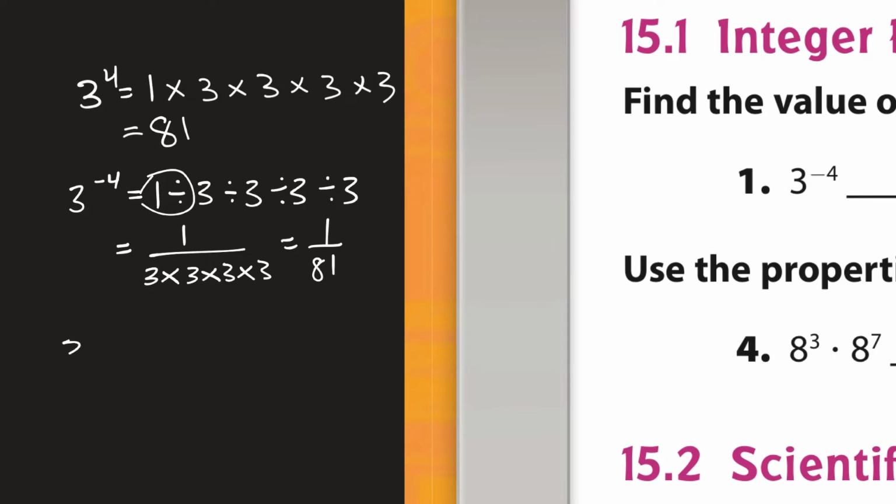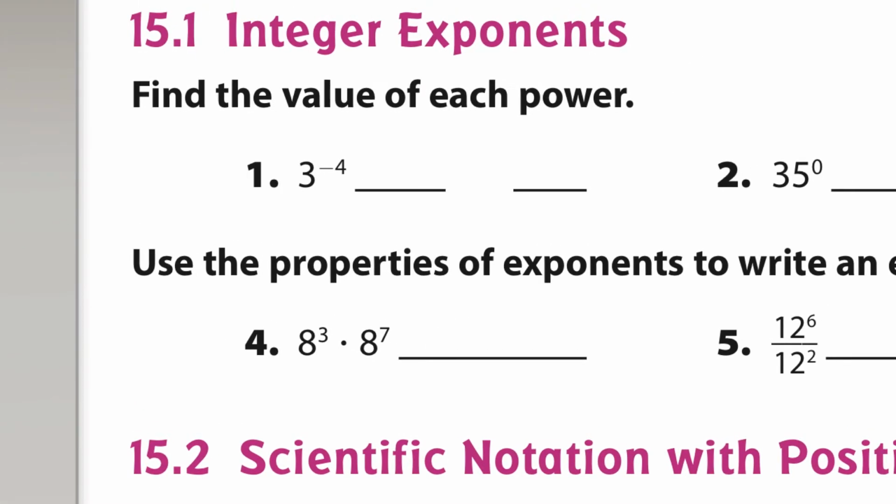So you see, 3 to the fourth is equal to 81, but 3 to the negative fourth is equal to 1 over 81. What do you think about that? So we have that as our answer right there.